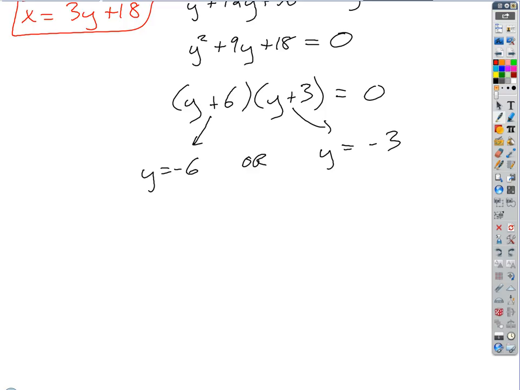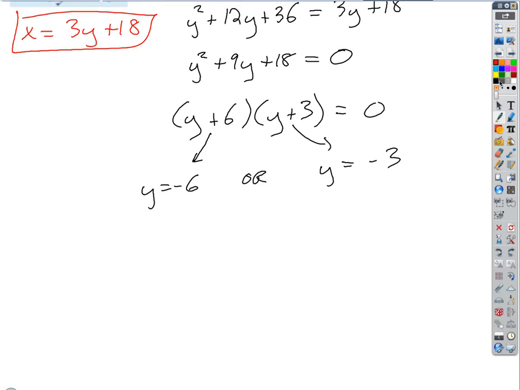And then what's the last thing I would do there, Emma? Where am I going to plug those values of y to get the values of x? Good. Yeah, good, perfect. We're just going to go right back there, aren't we? So if I plug in -6, what's 3 times -6? Plus 18? 0.